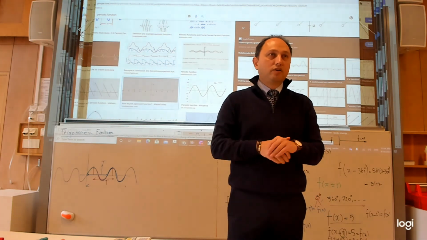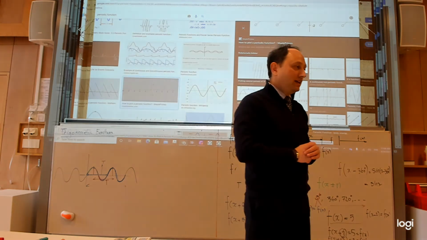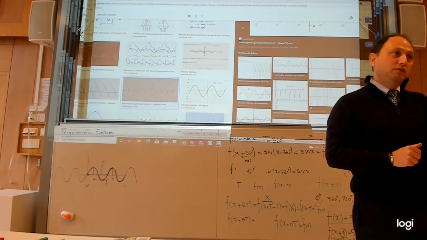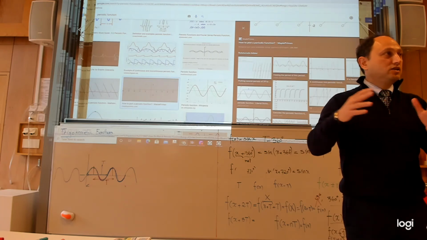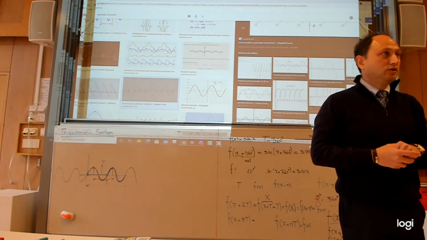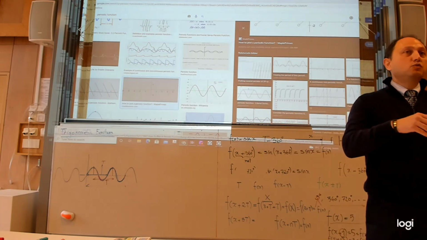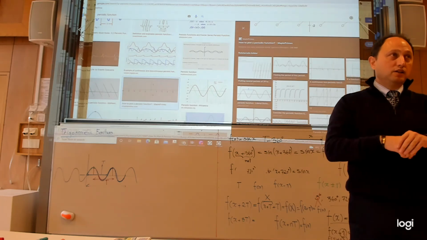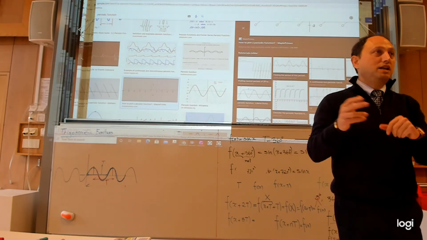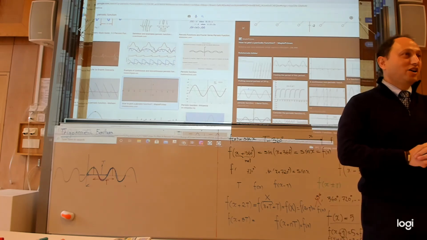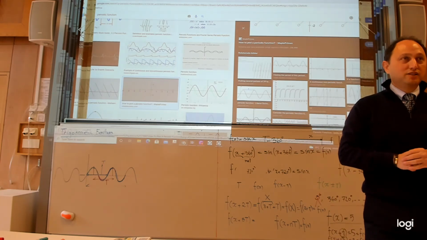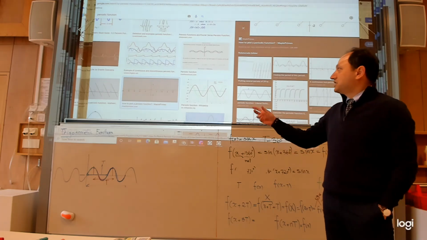Sine and cosine functions. So in principle, if you have a periodic function which is not sine and cosine, you can write it as a lot of sines and cosines. And if you have a function which is not periodic, you can write it as infinitely many sines and cosines.